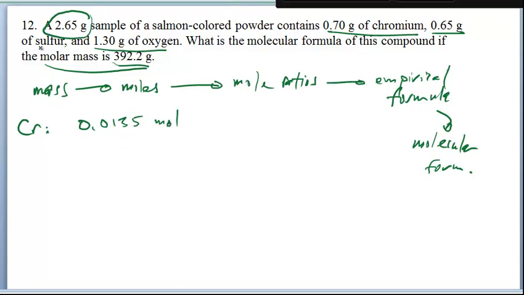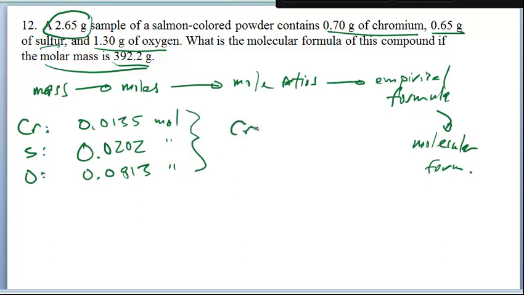Okay. How about sulfur? All right, we've got 0.65 grams, and we divide that by the atomic mass of sulfur, which is 32.1. You will get 0.0202 moles. And then finally, oxygen. When you convert that to moles, you should get 0.0813 moles. All right, so let's start constructing the empirical formula.